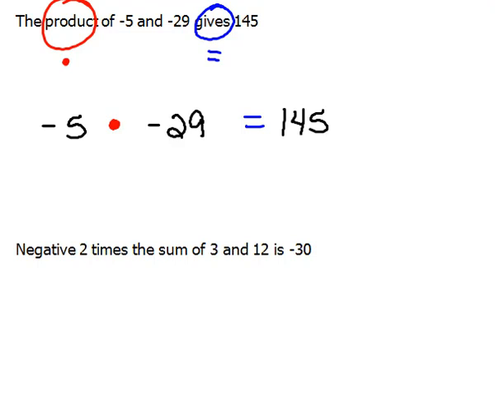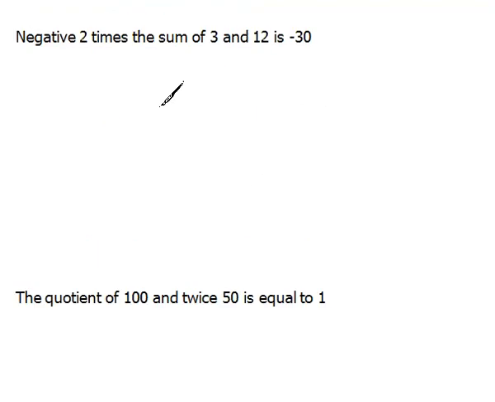Now we have, for our next problem, that says negative 2 times the sum of 3 and 12 is negative 30. So let's see what we have here. We know that times is a key word for multiplication. All right.